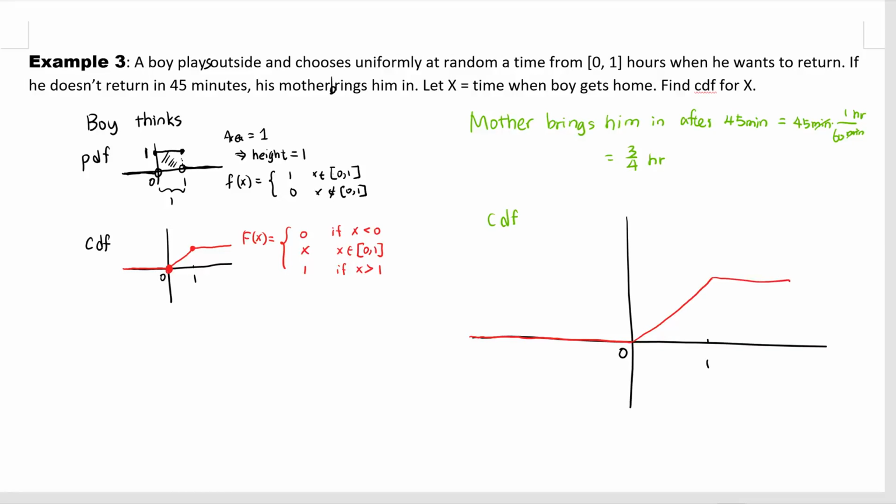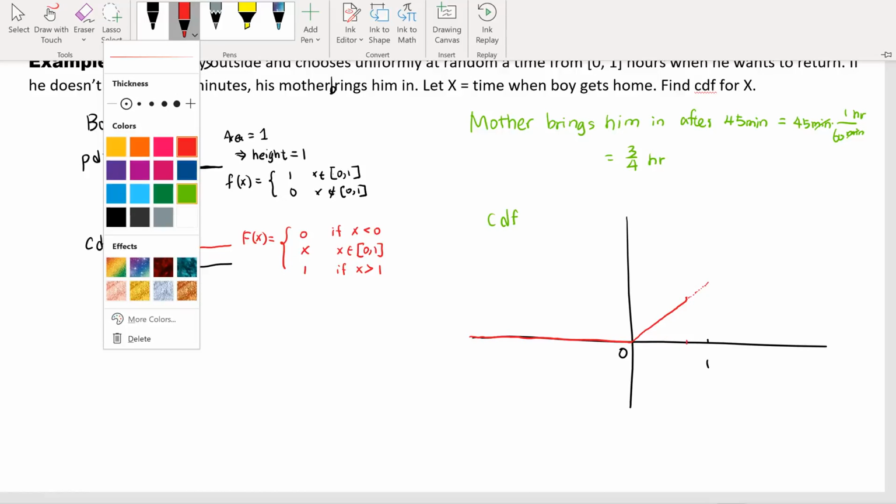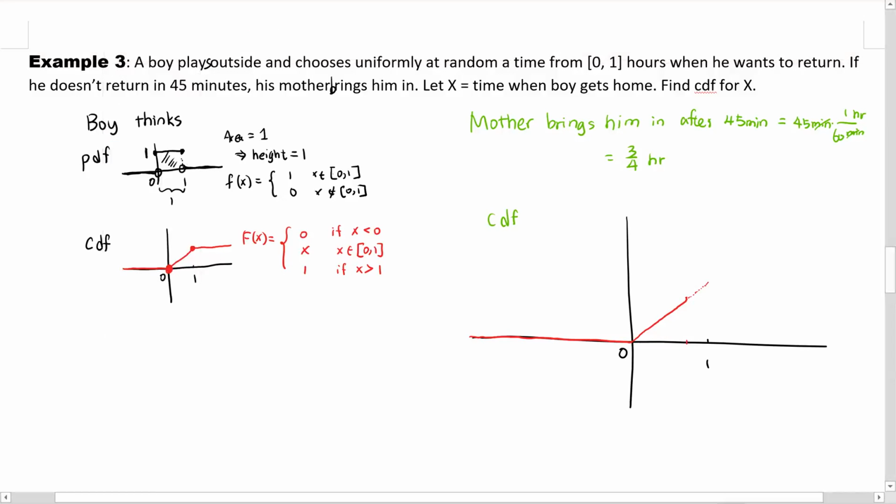But now because of the mother, right at 3 over 4, let's say this is 3 over 4. So here, this is still what the boy thinks. So it continues to get to here, but the mother said, after 45 minutes, no matter whether you're outside or inside, I make sure you're going to be at home.